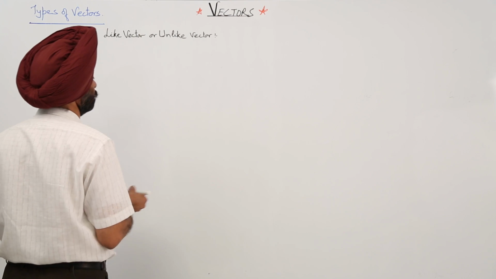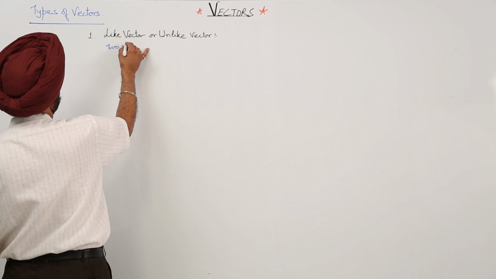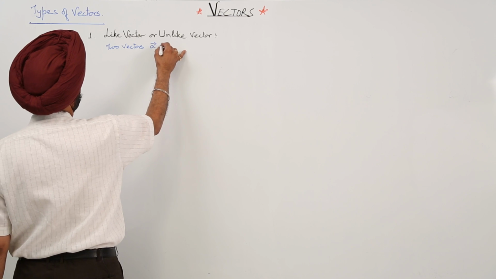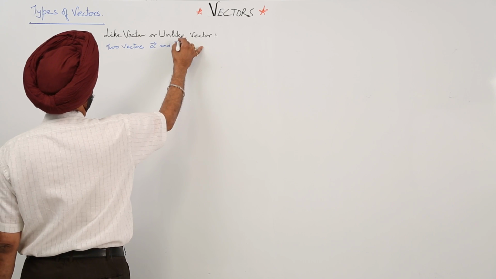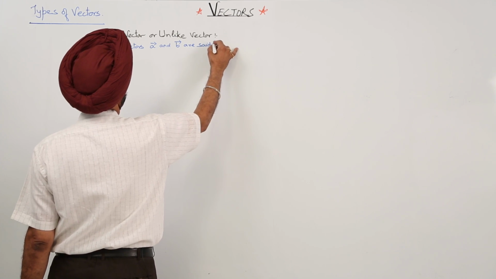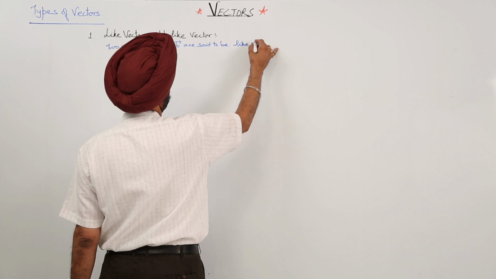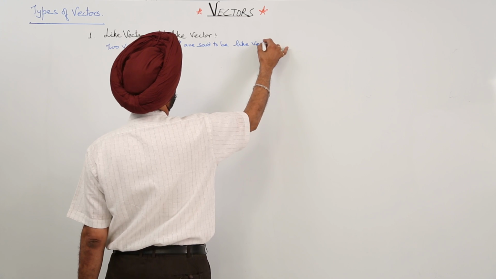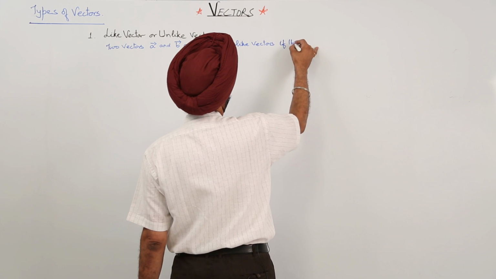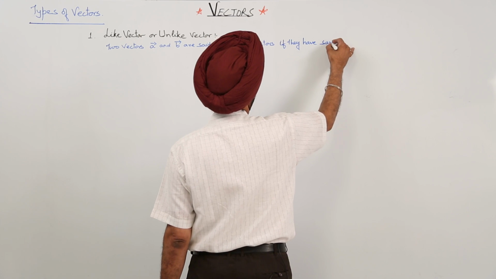Now two vectors, vector A and vector B, are said to be like vectors if they have the same direction.